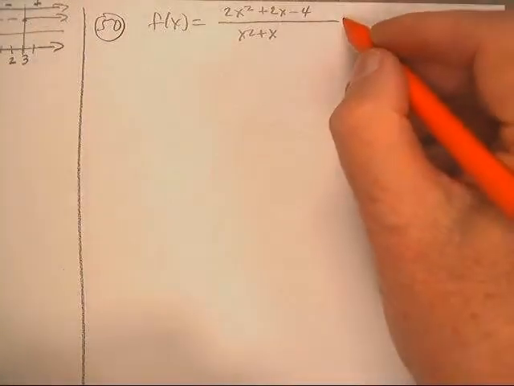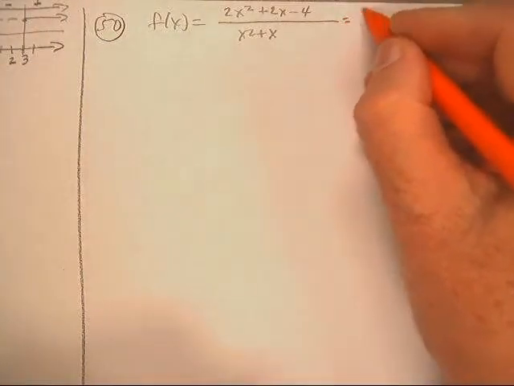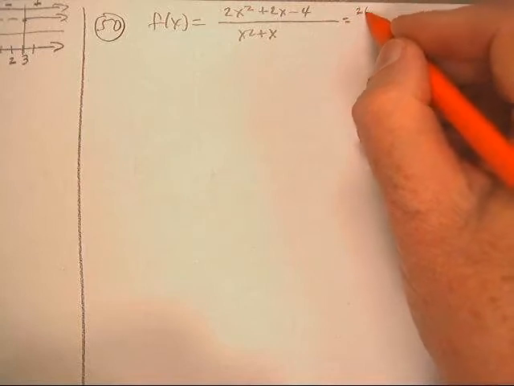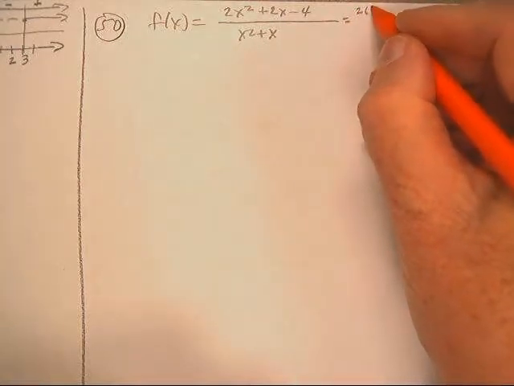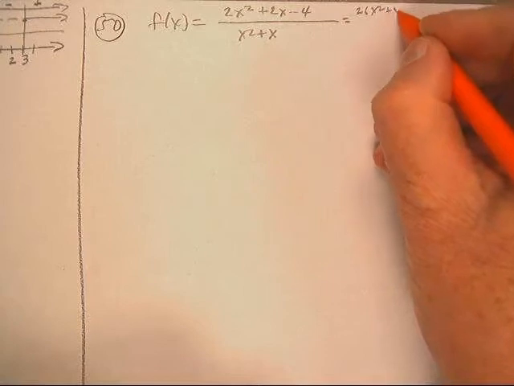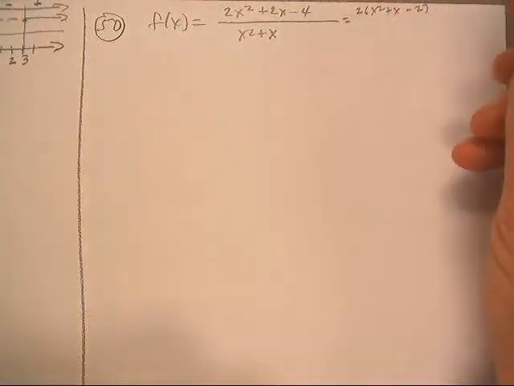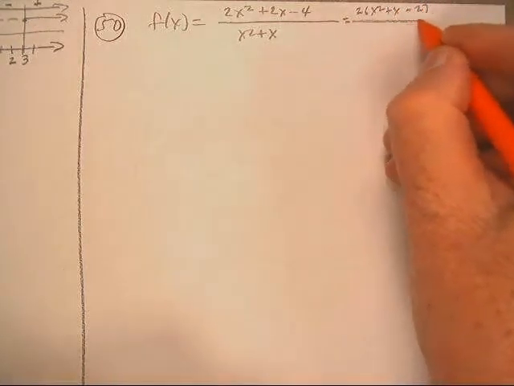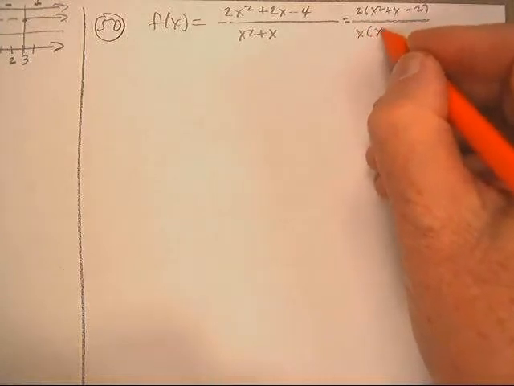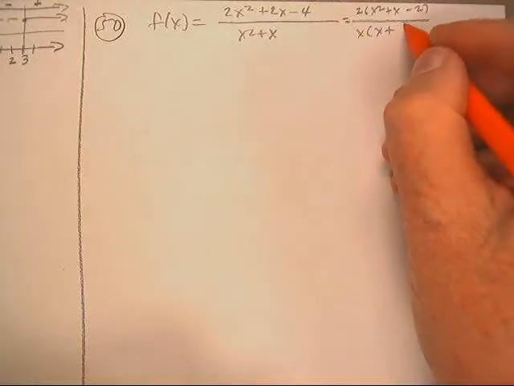Okay, welcome back. Here we go in the numerator. I need to factor some here, so let's factor a 2. X squared plus x minus 2. In the bottom I can factor an x plus 1.